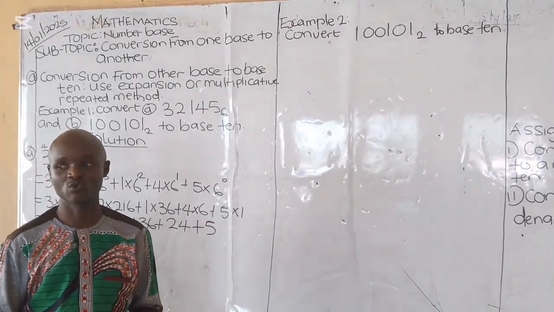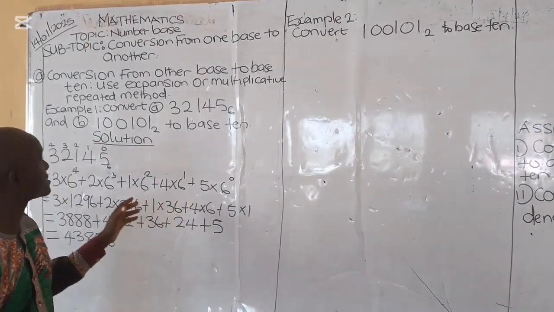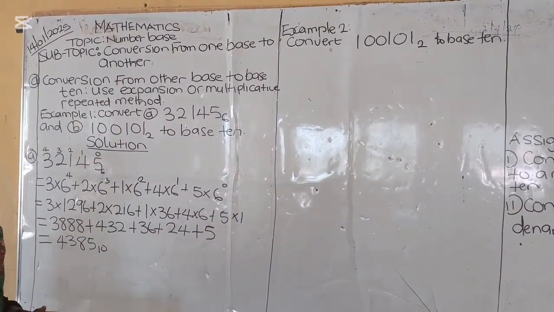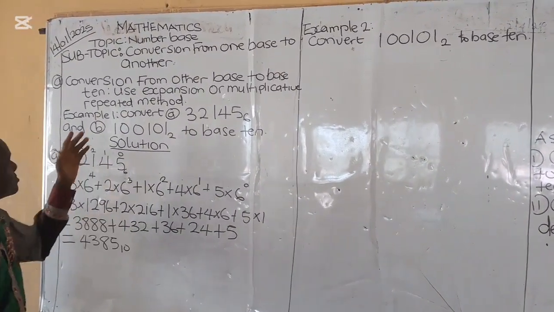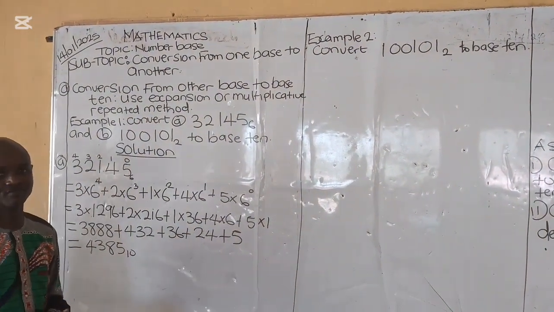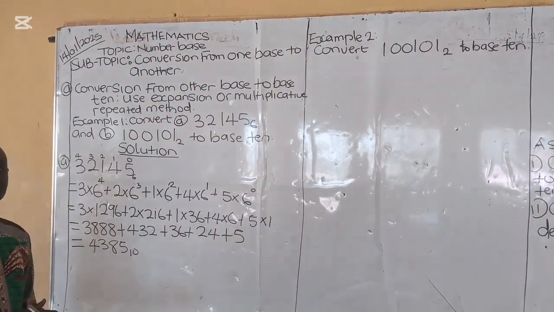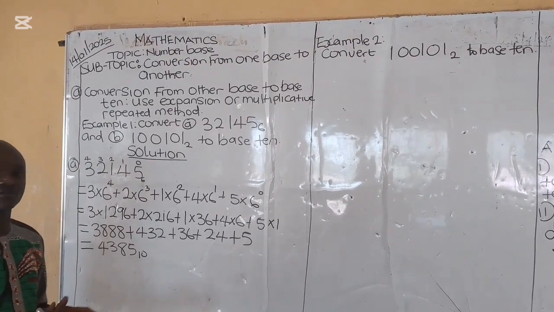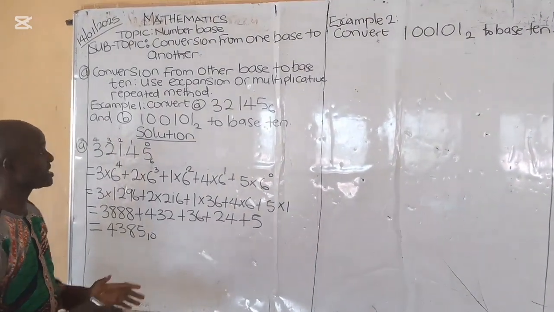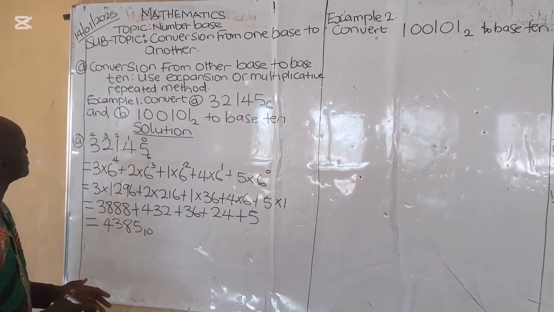I am here to treat a topic which is number based. So the subtopic of today is conversion from one base to another. There are different methods which are used to convert from one base to another, depending on the question.